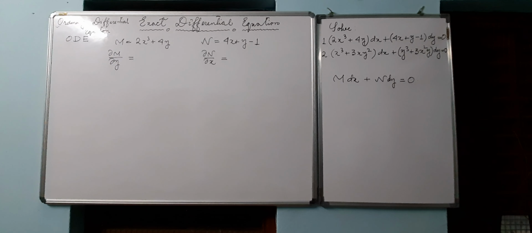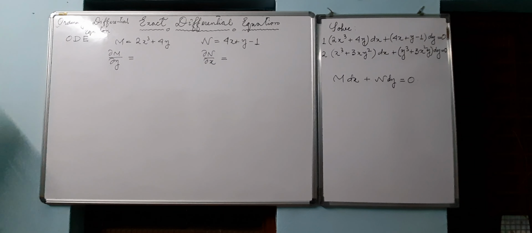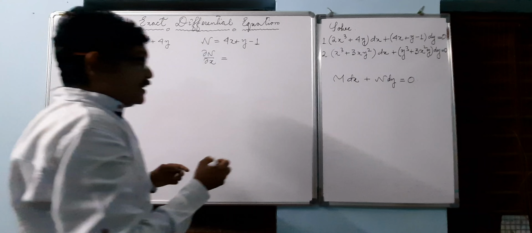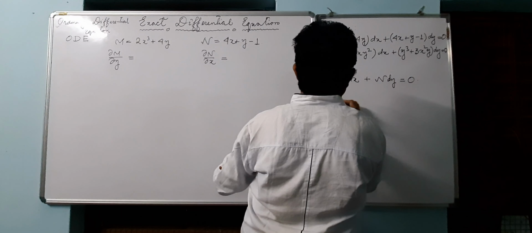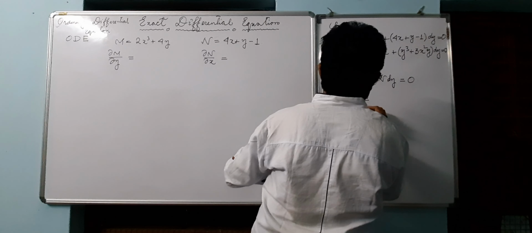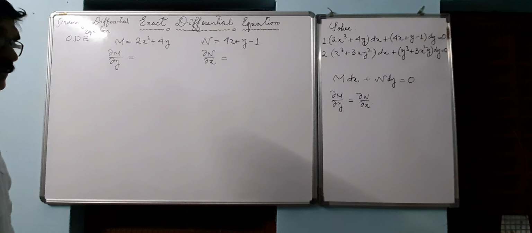A differential equation of the form M dx plus N dy equals 0, where both M and N are functions of x and y, is said to be an exact differential equation if del M del y equals del N del x holds. If this holds, we say that this equation is an exact differential equation.